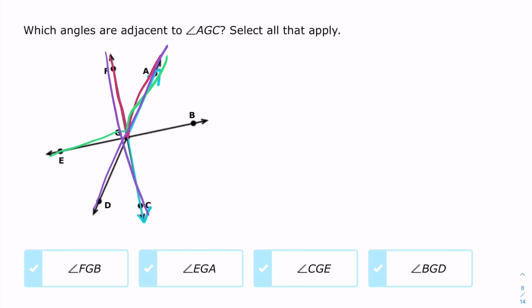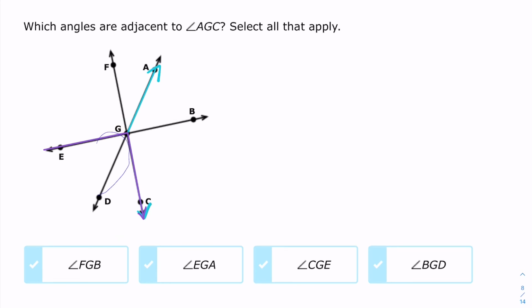And this angle. Okay, so there's a lot of angles because what I'm able to do is actually mix and match them. The point I'm trying to make here is that if I have GC as one of my rays and I have GD, that would also be an adjacent angle. But so is it if I go to E, and so is it if I go here, because all that matters is that they share this common ray and common vertex.